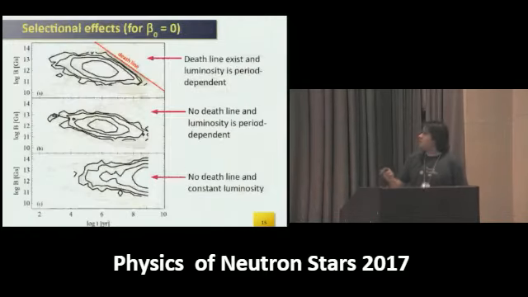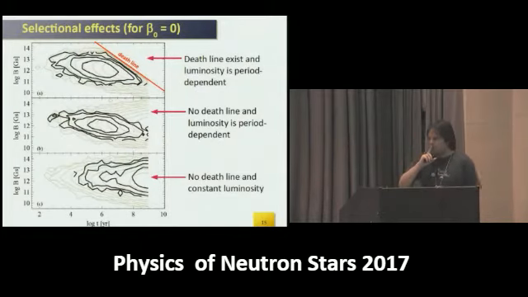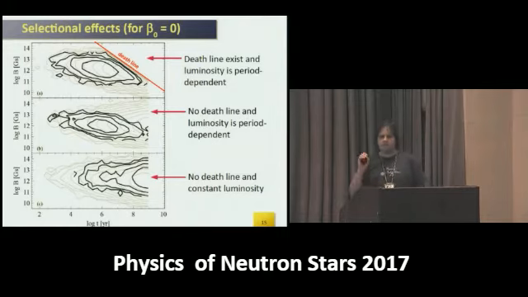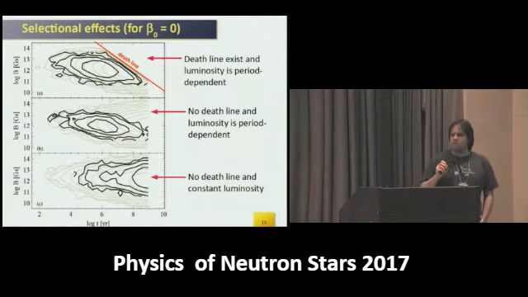I will skip some details of the simulation, but what I want to highlight is that the two basic contributions to the selection effects, as we found, are these. This is the simulated pulsars for beta 0 equal to 0, no magnetic field decay.